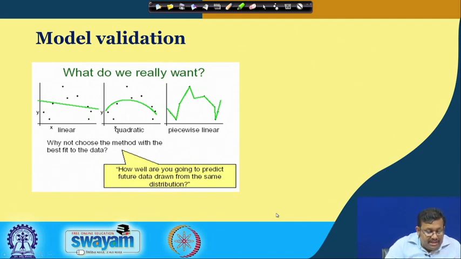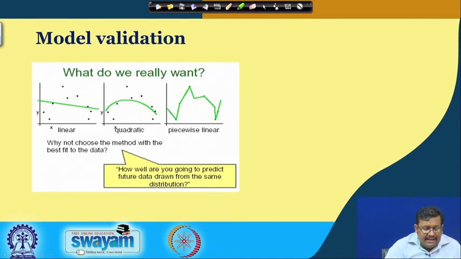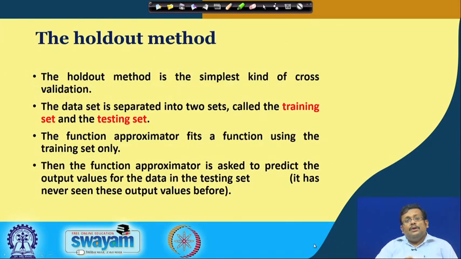So, what do we really want? Why not choose the method with the best fit of the data? Our intention is to select the best model which can generalize this behavior, either linear or quadratic or piecewise linear. First, let us see the holdout method. The holdout method is the simplest kind of cross validation.